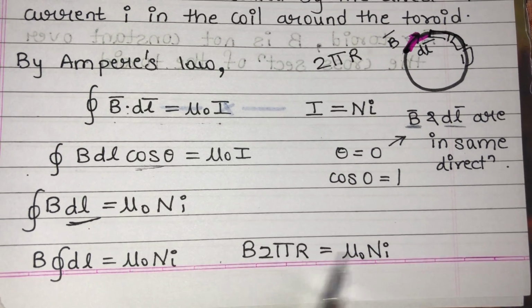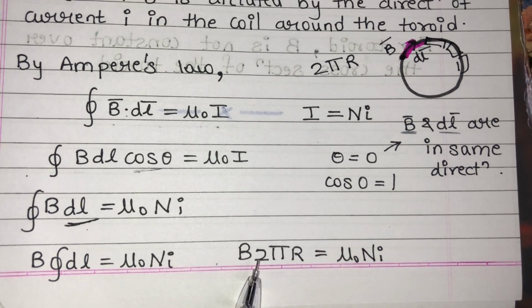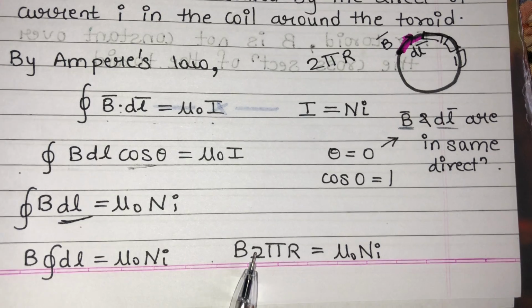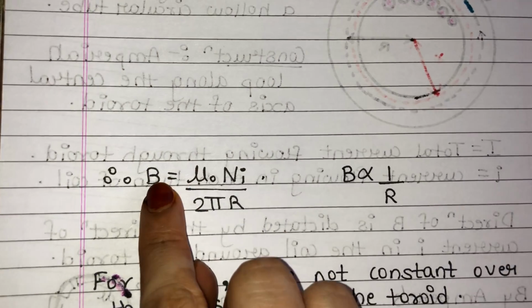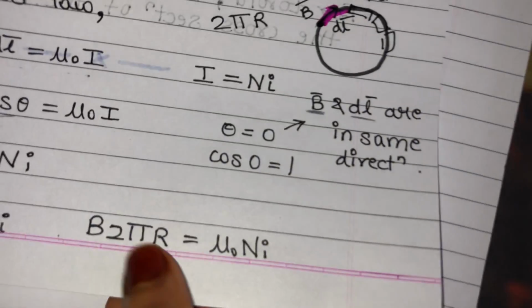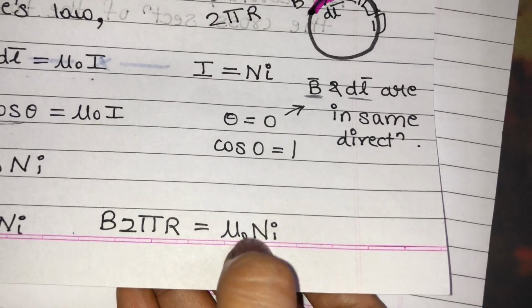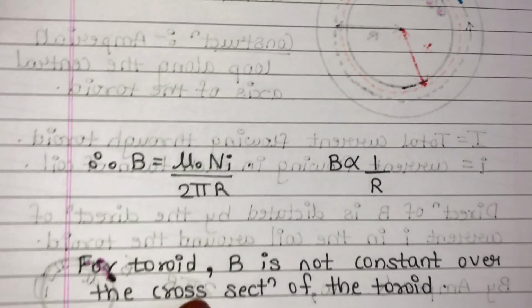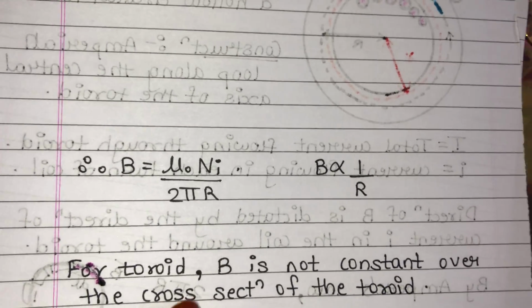Now here we have LHS and RHS. Now what will be my B? The magnetic field B will be mu naught N I upon 2 pi R. I'll take this 2 pi R in the denominator and I'll get the magnetic field along the central axis of the toroid.